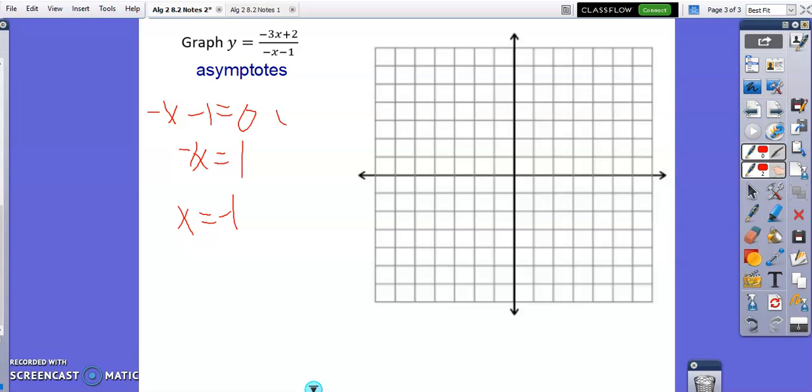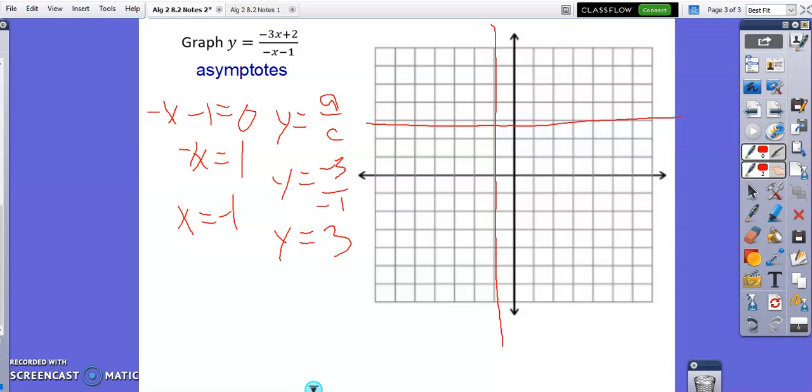Then I'm going to do y equals a over c. And this time that would be y equals -3 over -1. That's y equals 3. So let's go ahead and get those on here. That's x is always -1 right there. And y is always 3 right there.